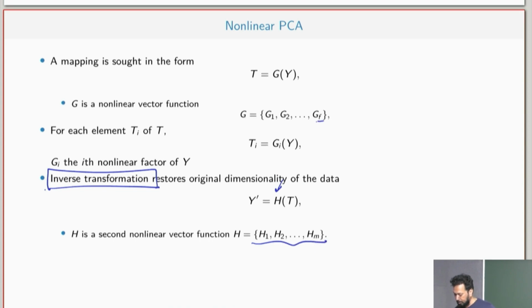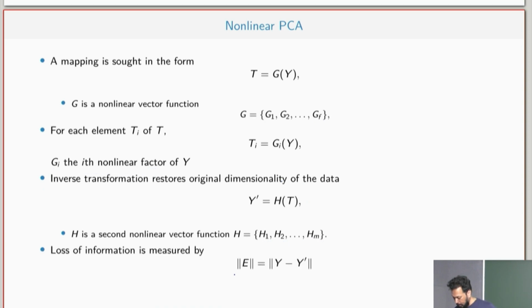It does not have to be the same as f. We are not really looking for equal components here. There could be variation, but y prime is our reconstructed image, and then we can look for the error, right? So the error is how far my reconstructed y is from the original y. Okay, so this is nonlinear PCA.